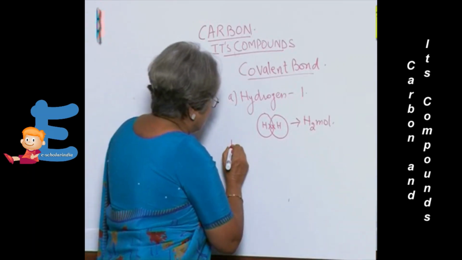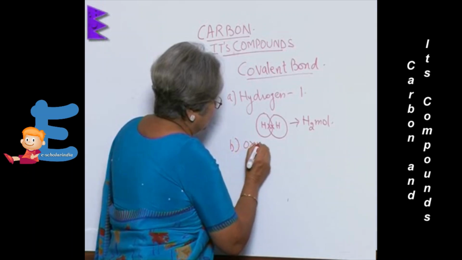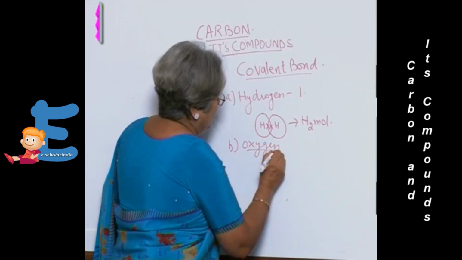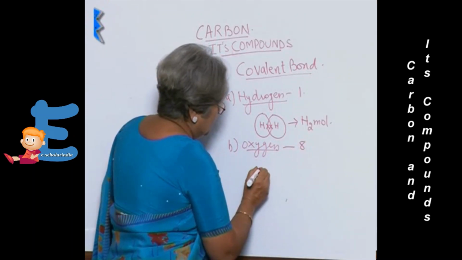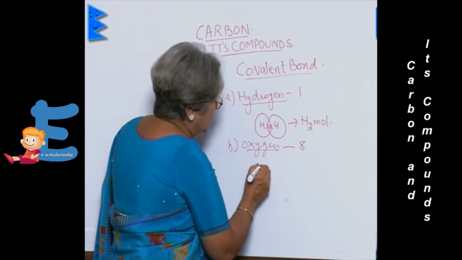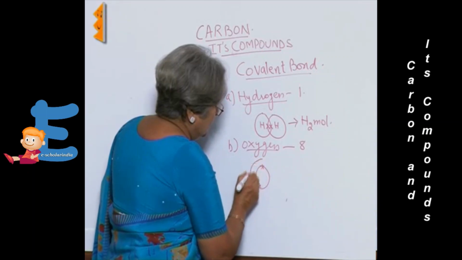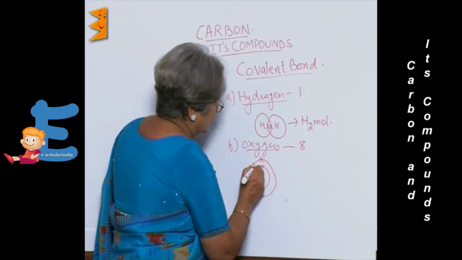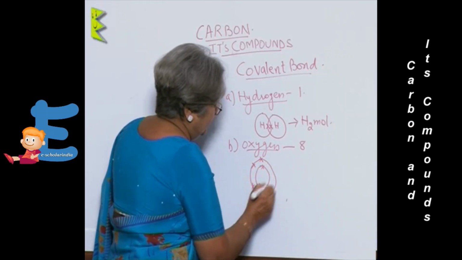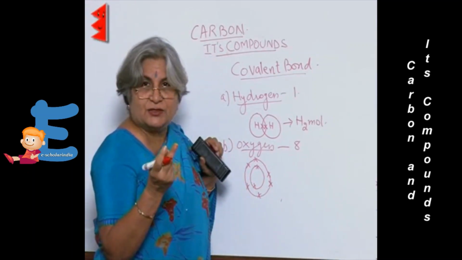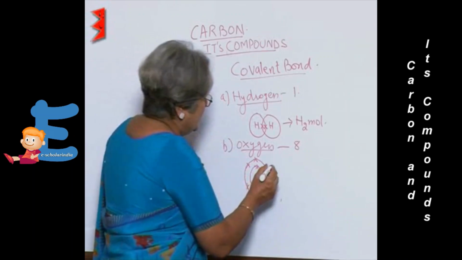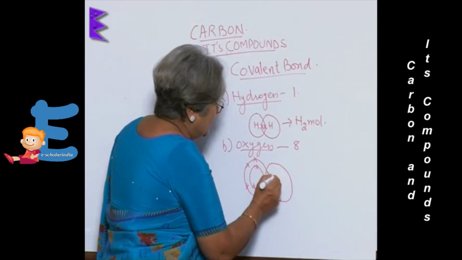Let us take another case, oxygen. Atomic number is 8. So first shell will have 2, second will have 6. Now this also requires 2 more electrons. Once again, sharing with a second atom.